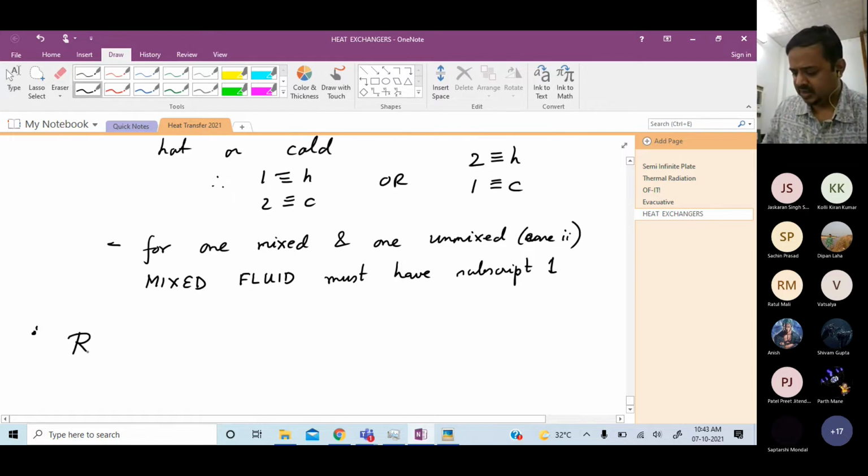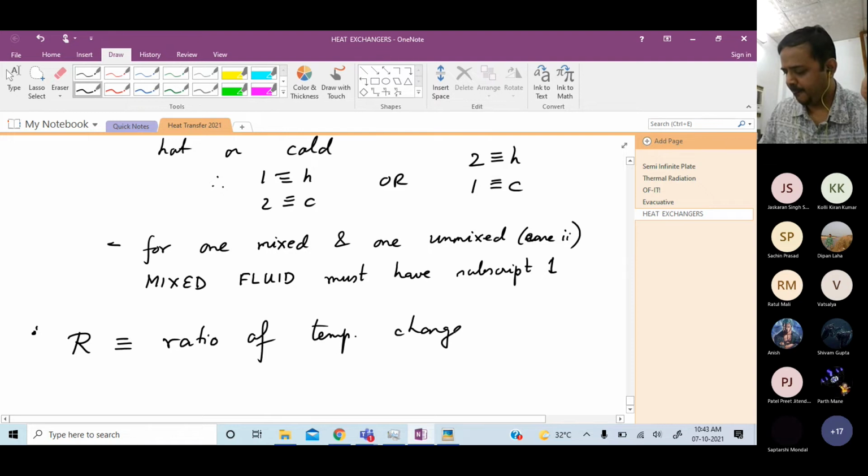What is R? That is the ratio of temperature change. And R is greater than or equal to 0.